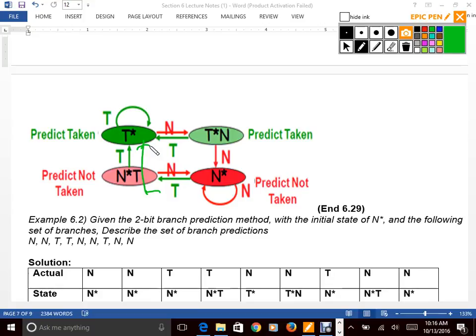Now we're at predict taken, so then we predict taken, we stick in that state until we're supposed to predict taken and then it's not taken. Meaning in that case, we actually broke it, i didn't equal j. Well, now we're at T star N. And so forth. Does that make sense? It's pretty straightforward.